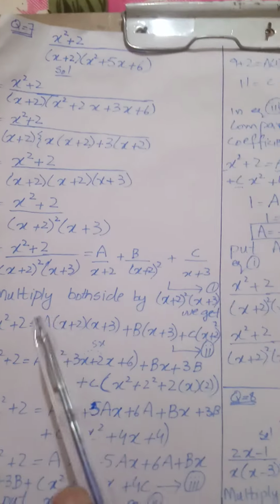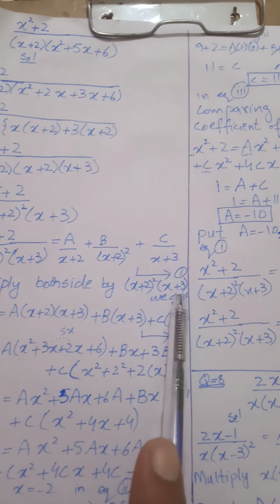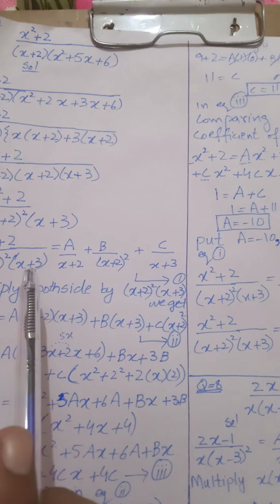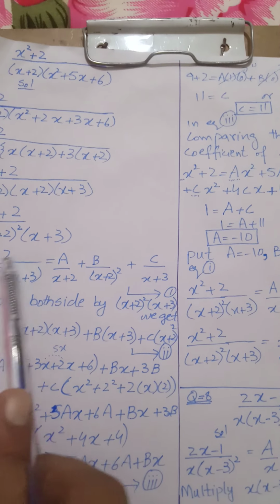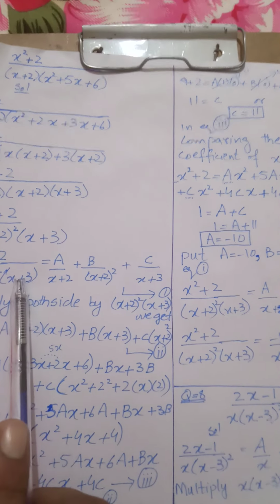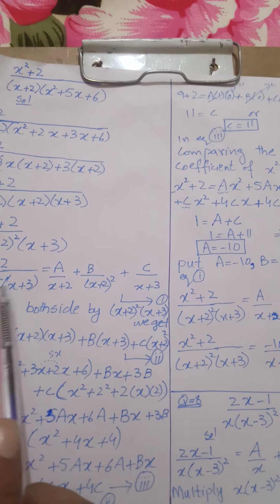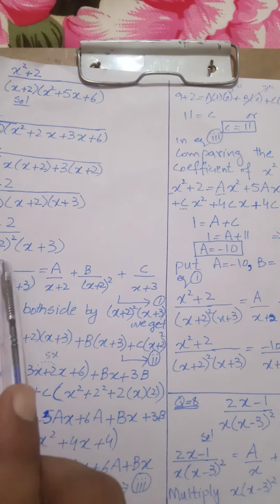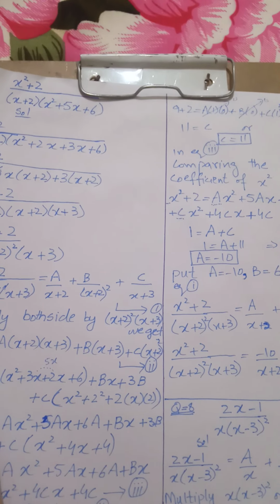Now multiply both sides by x plus 2 whole square into x plus 3. On the left side, when we multiply x plus 2 whole square into x plus 3, they cancel each other, and just x square plus 2 will be the remaining part.